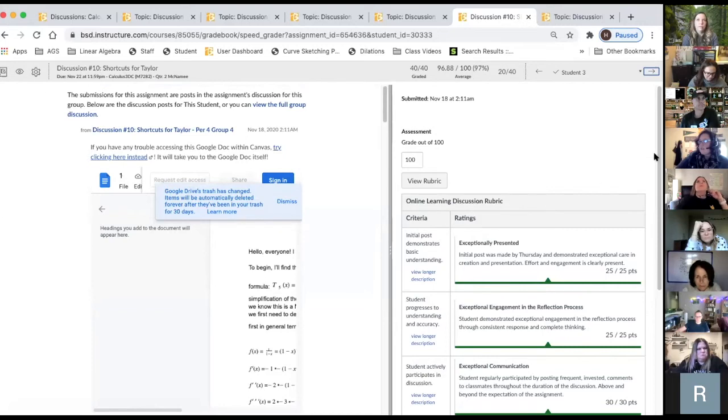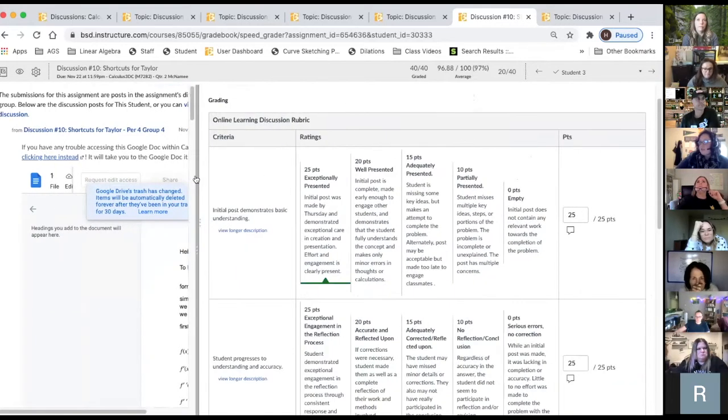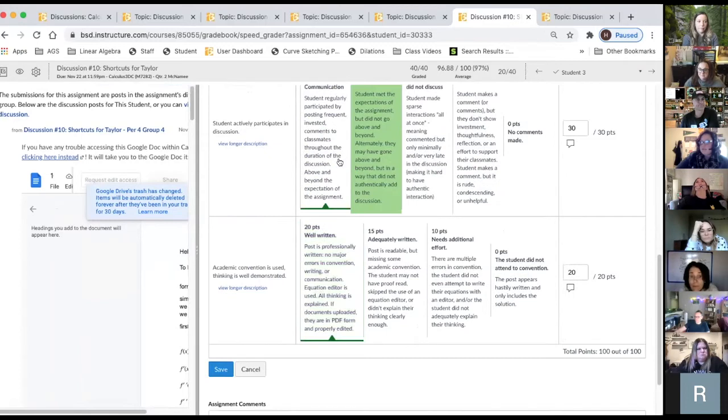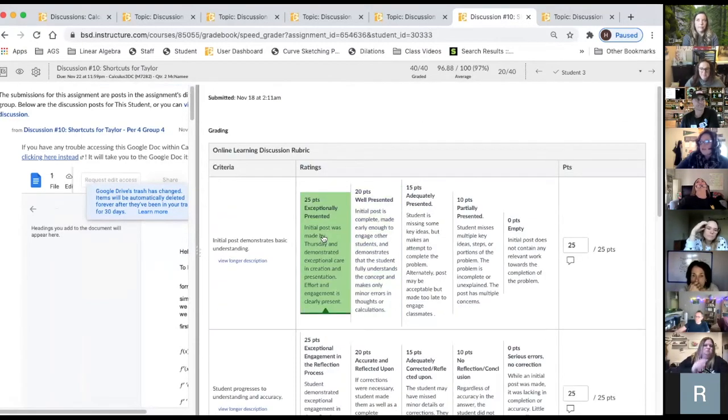And so when you grade, it looks like this, and I literally just click, click, click through, right? And at the press of a button, it counts it for you. You do have to make sure when you set up the rubric, there's this tiny box below the rubric that says use this rubric for grading.